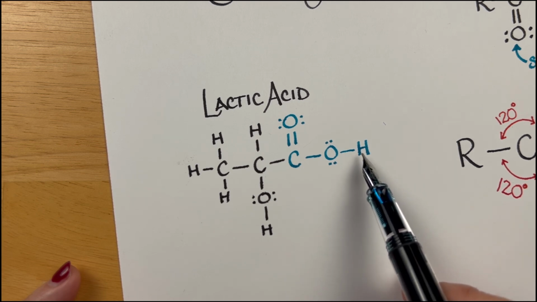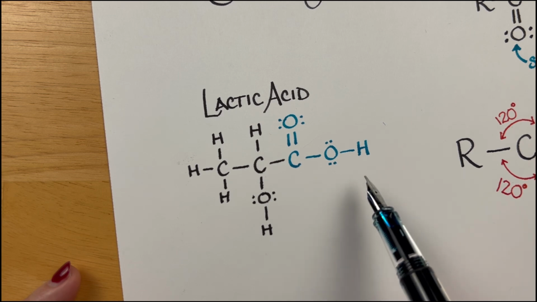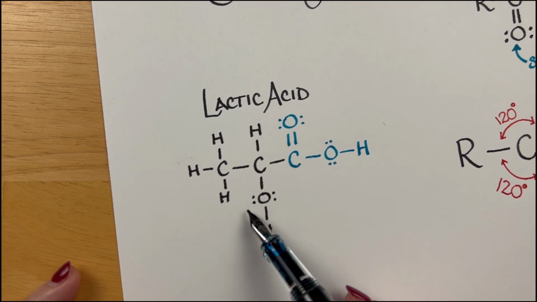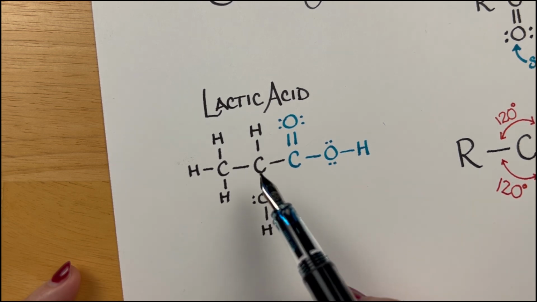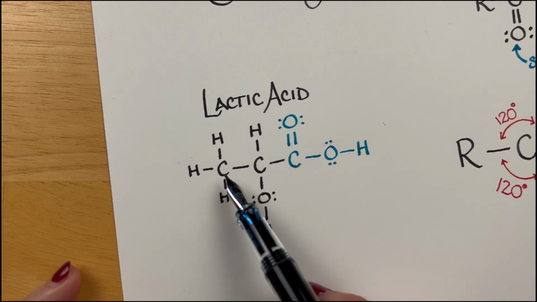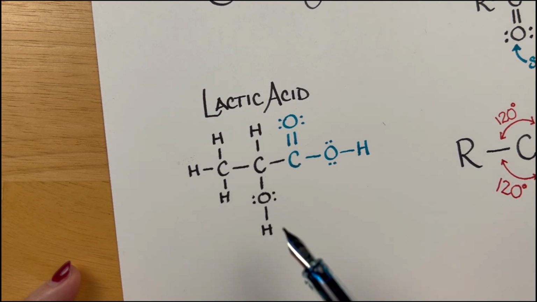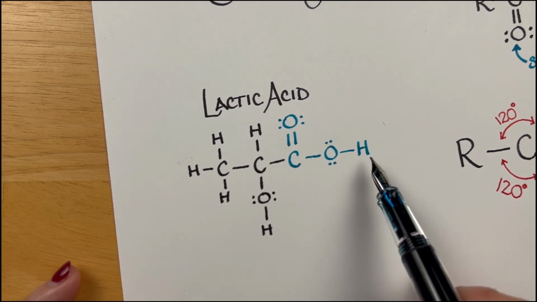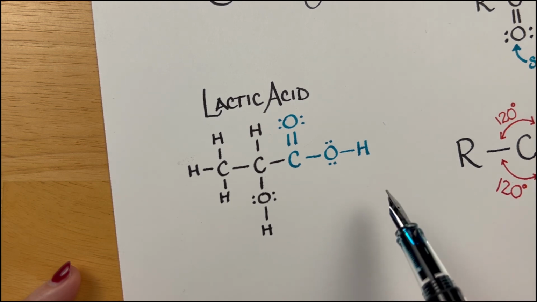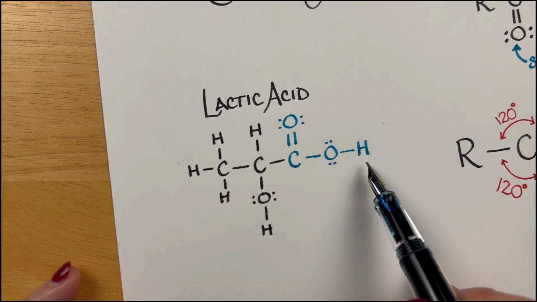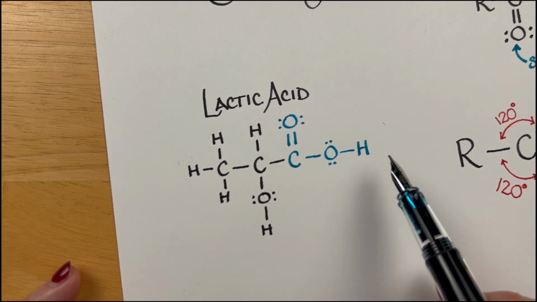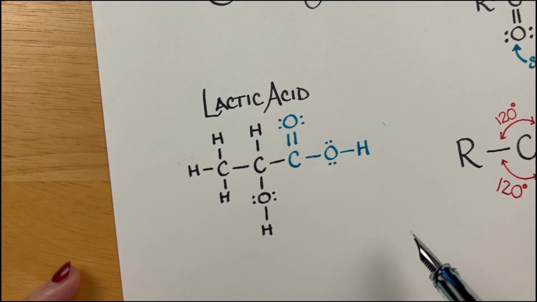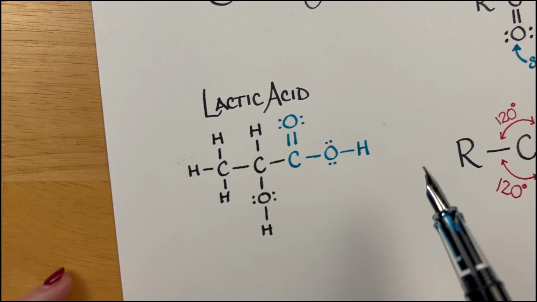So this hydrogen can be released much more easily than, for example, this hydrogen on this alcohol group, or this hydrogen that's directly bonded to carbon. These are not very acidic, but carboxylic acid groups, indeed, this hydrogen can be released. It is not a strong acid, though. Okay, so a small percentage of the hydrogen is released in these acids.